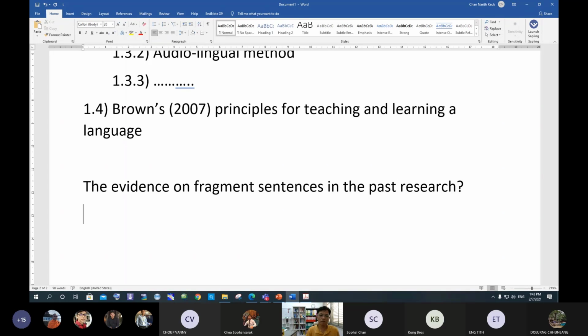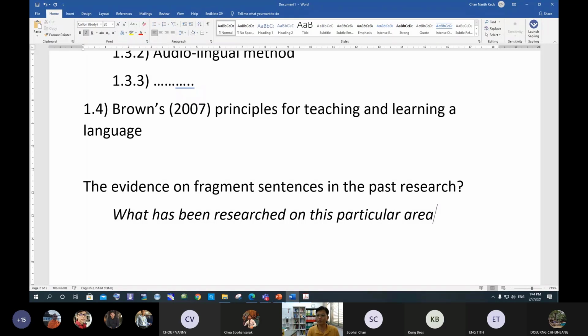The question is, what has been researched on this particular area?